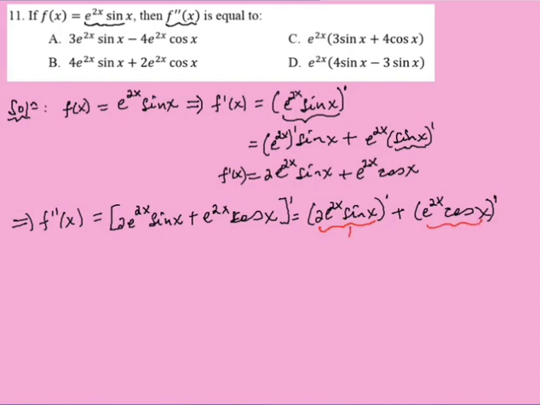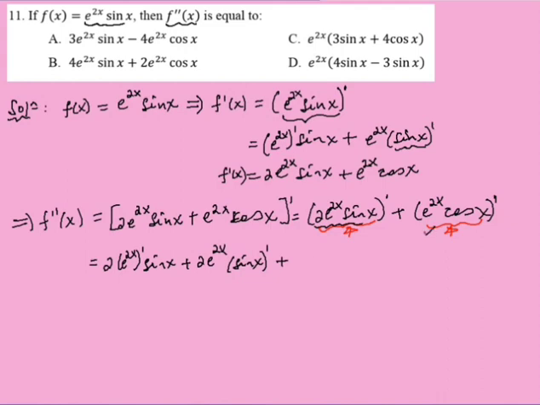In both of these expressions, we will apply the product rule. Take the first one: the derivative of 2 times e to the power of 2x, times sine x, plus 2 times e to the power of 2x times the derivative of sine x. This is the first part.